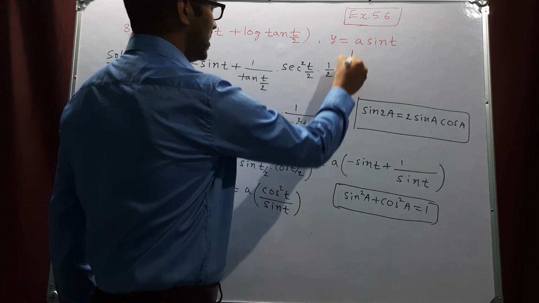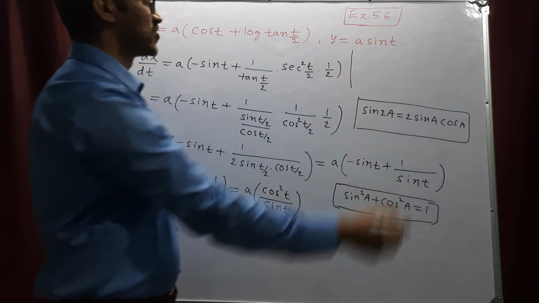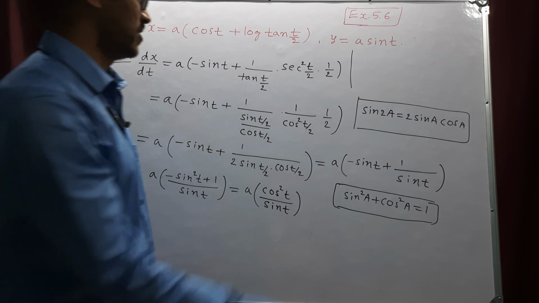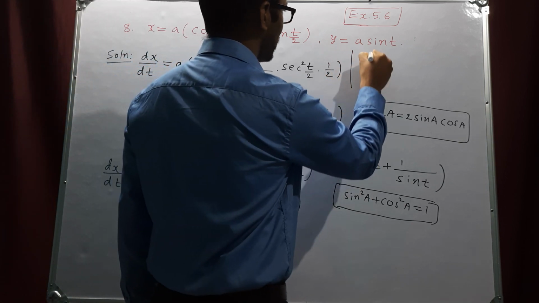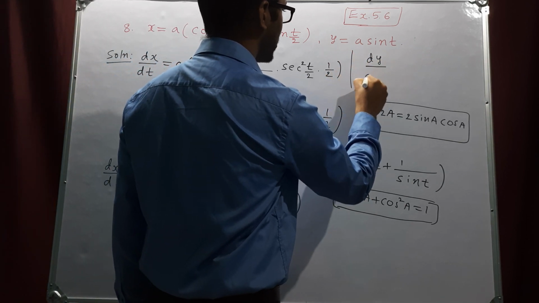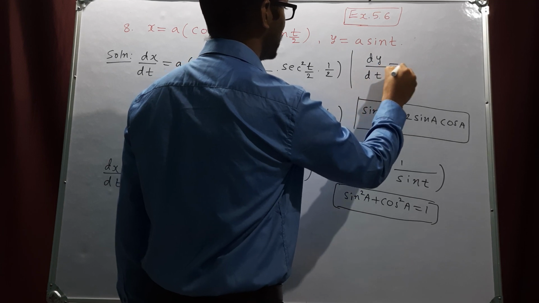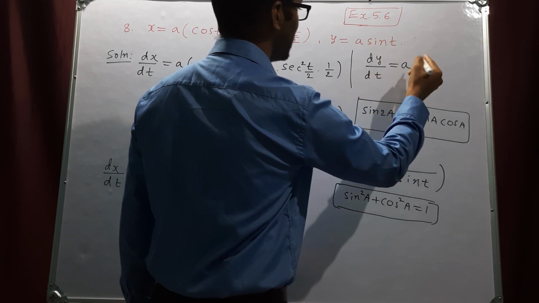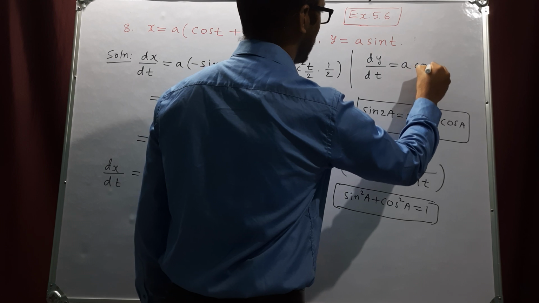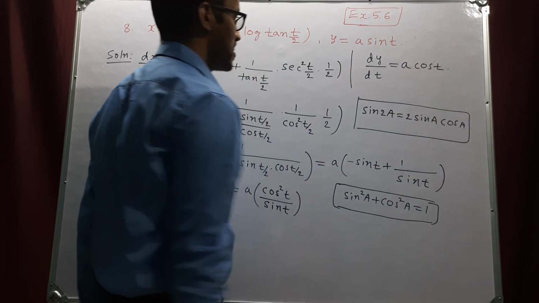So similarly, they have given y is equal to a sin t. So differentiating with respect to t, dy by dt is equal to a into the differentiation of sin t, which is cos t.